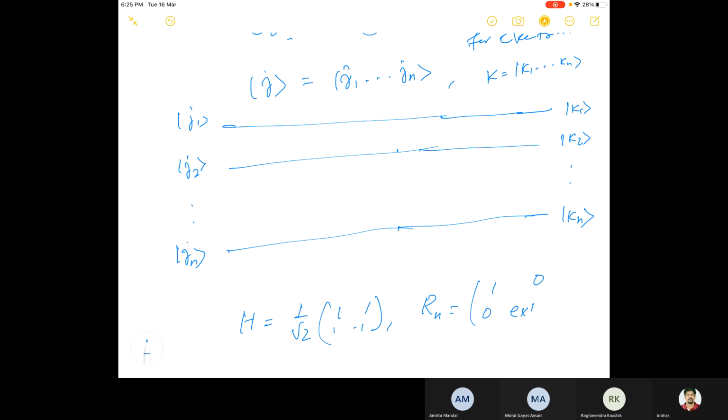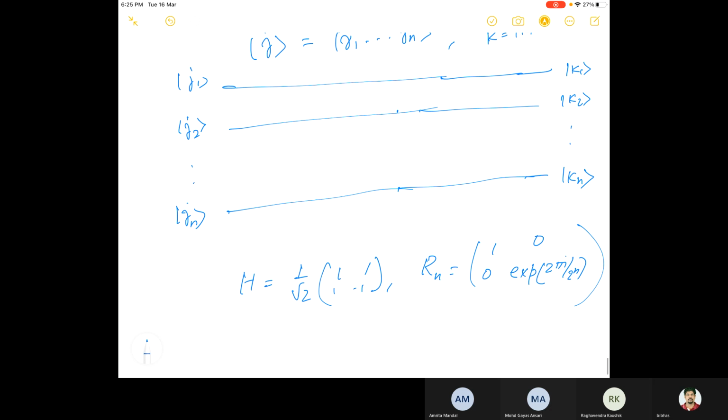Why is it so? Because if I apply this gate on a qubit, it will change its local phase, the relative phase. I multiply this with some psi, and we have seen that, right? This is done with the RZ gate with this particular delta by 2. So this will change the relative phase.